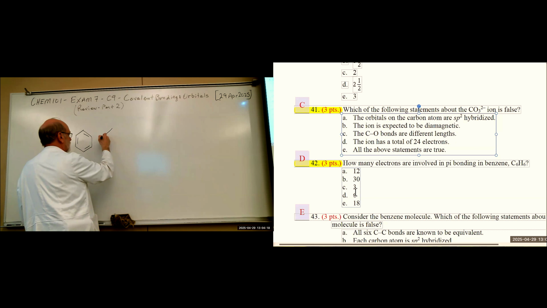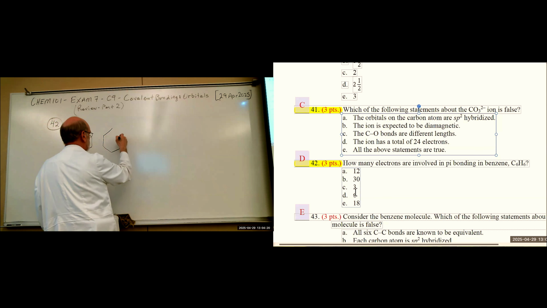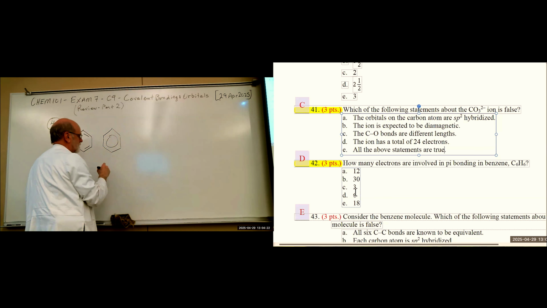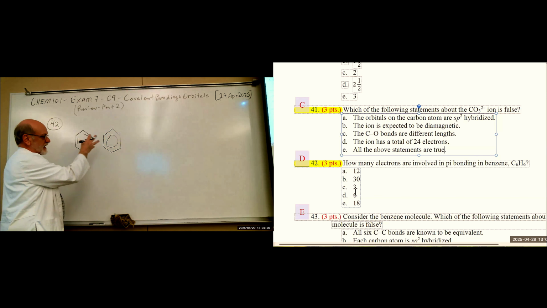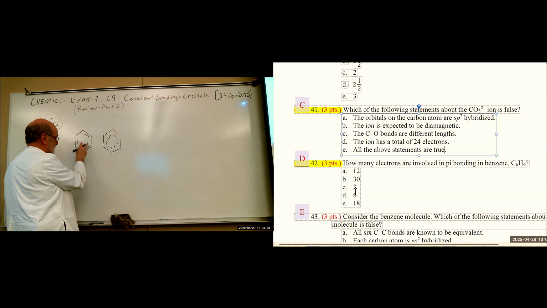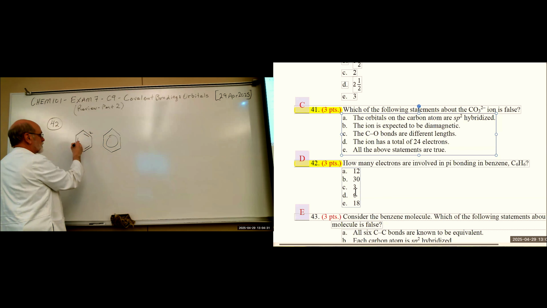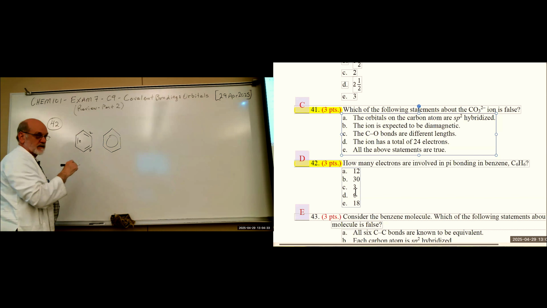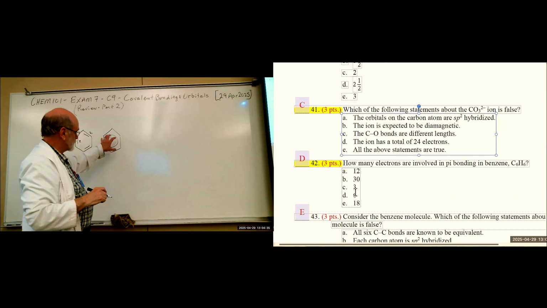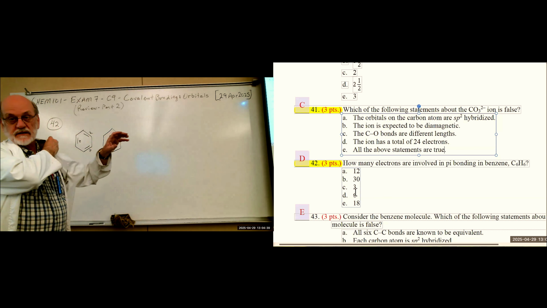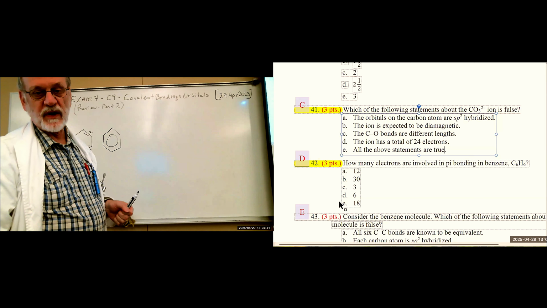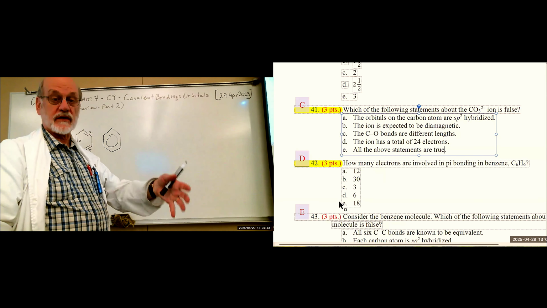Other times we write it like this to show that they're delocalized electrons. You can't tell the number from this, but this does tell you. You've got 2 electrons here, 2 here, and 2 here. So 6 electrons are delocalized in that pi bonding system, in that aromatic system.